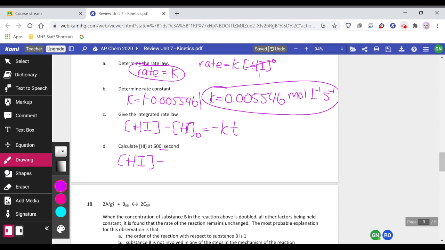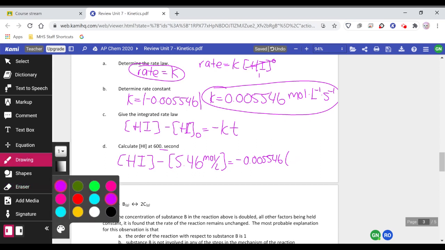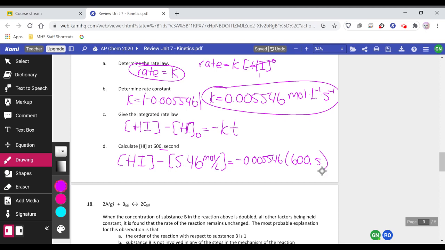And so our initial concentration was 5.46 molar, equals our negative K, I'm going to leave off the unit there, times time, which is 600 seconds.